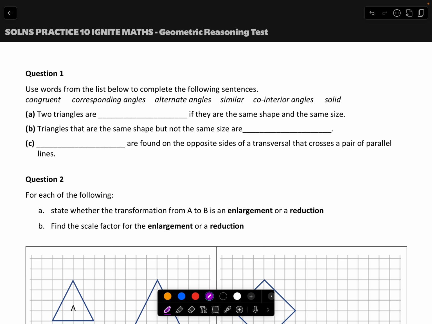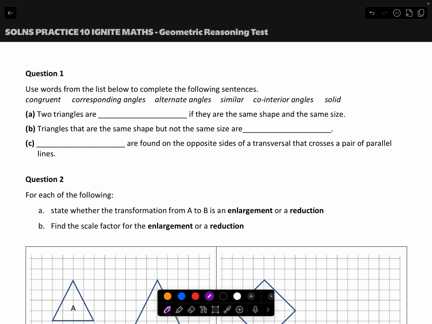Cross multiply. 8 times 2 is 16. 4 times x is 4x. So x is going to be 16 divided by 4, which is 4. Whatever units that is. That's the second page done.